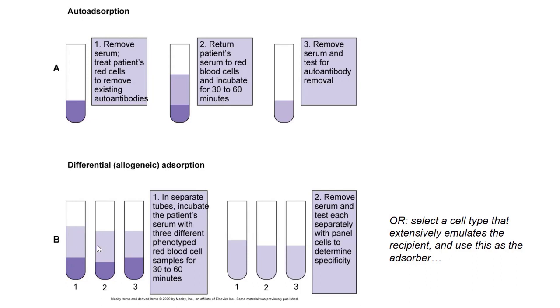And so each of these plasmas are differentially going to reveal different things. And between the three of them, you are hoping to reconstitute your patient's truth in the semi-informative nature of each resultant clarified plasma. The alternative to a differential allogeneic adsorption is to select a cell type that is as close to your patient as possible.